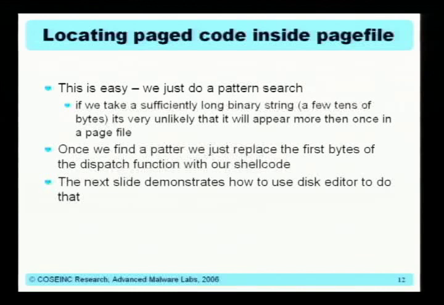So we can just find the beginning of this function by pattern searching. If we take the first 64 bytes of the function, there's very, very little probability of finding something else. In fact, I never experienced that. Even though a page file can have many gigabytes, if we search for a 64-byte string of opcodes, it's very, very unlikely that we find something other than our function.